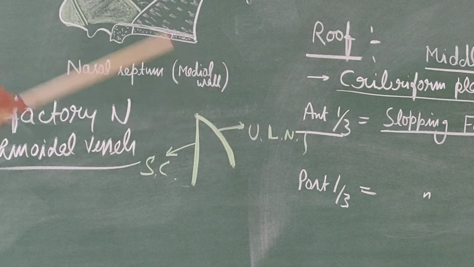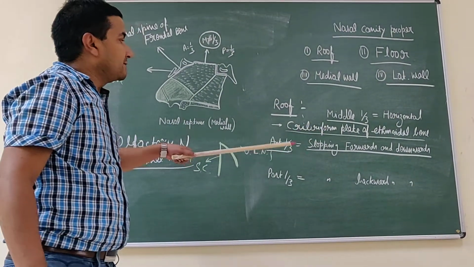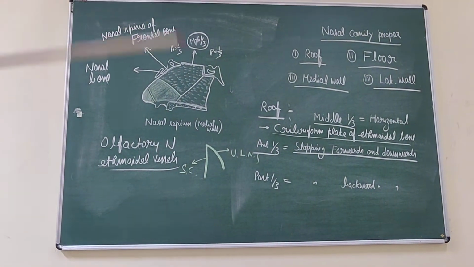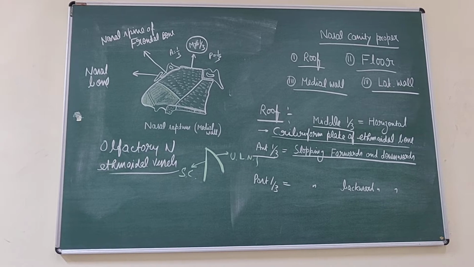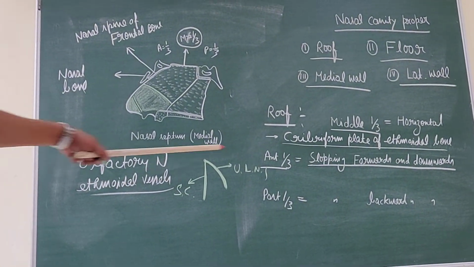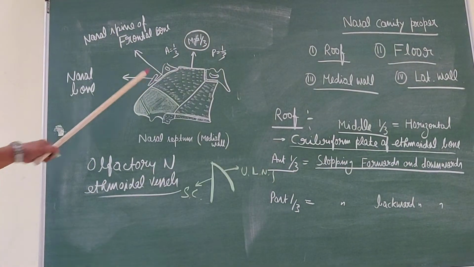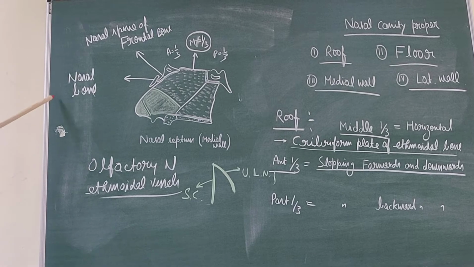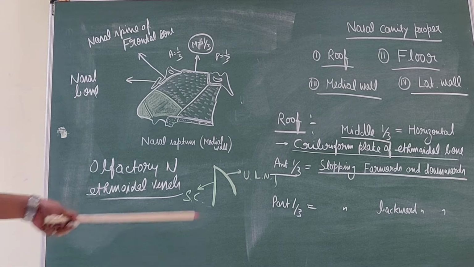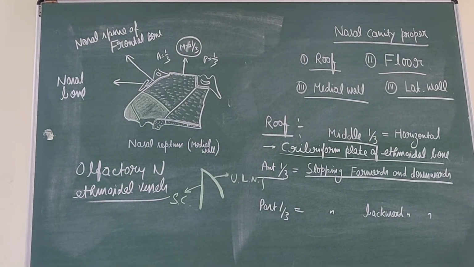This junction participates in the formation of the anterior 1/3 of the roof of the nasal cavity proper. So in short, the anterior 1/3, sloping downwards and forwards, is formed by the nasal bone, frontal bone, and the junction of the nasal cartilages.